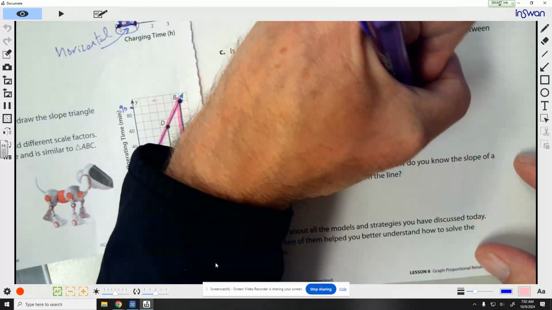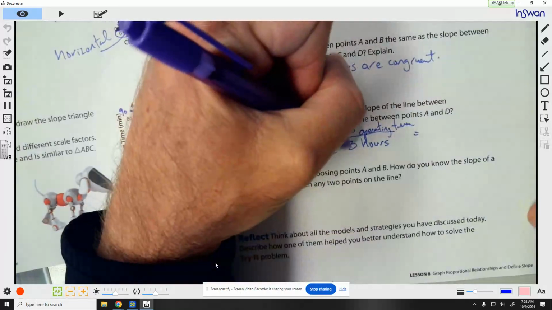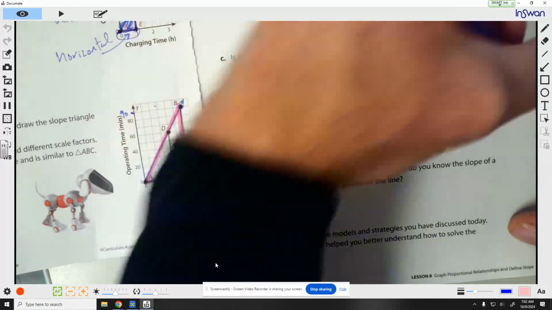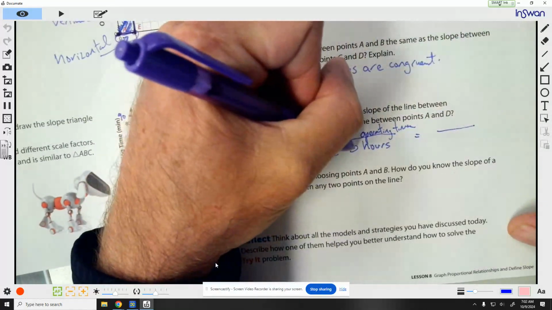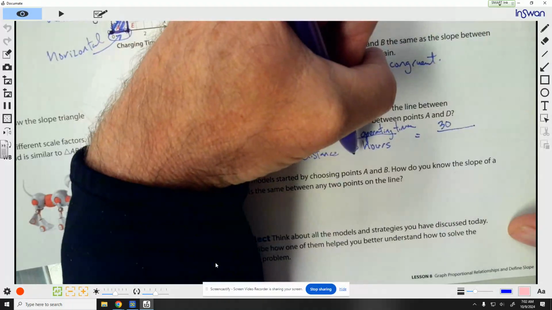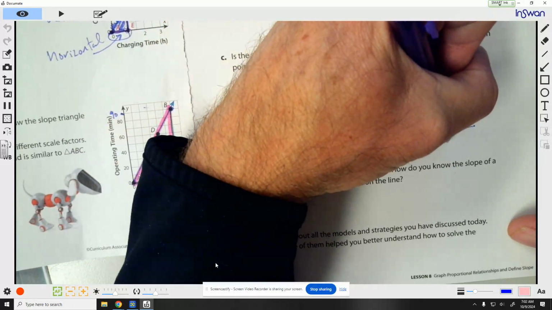The next thing I want to do is look at the problem and see, can I reduce it? Can I make that fraction smaller? In this case, yes, because we know 3 goes into 90 evenly. So let's reduce that. 3 goes into 90 how many times? 30, because 90 divided by 3 is 30. And 3 divided by 3 is 1.